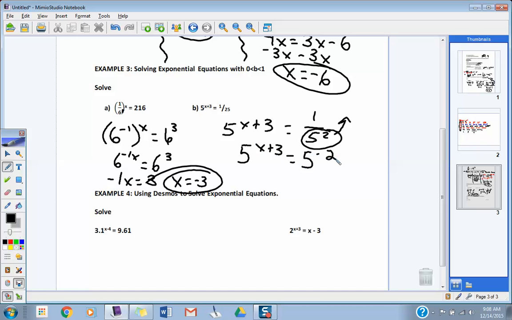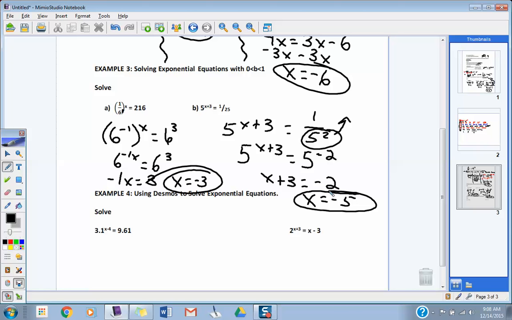So what are you going to set equal to each other now? And when I subtract 3 more, where do you end? So x would be negative 5 in this.